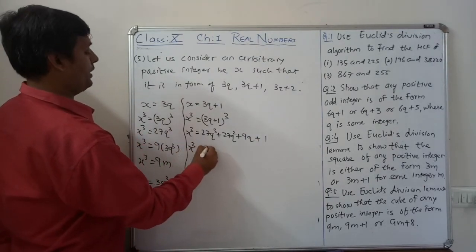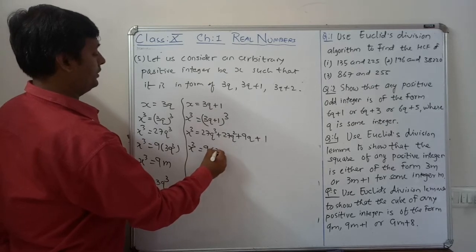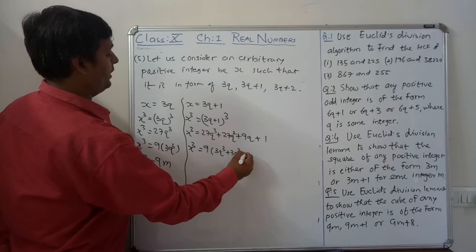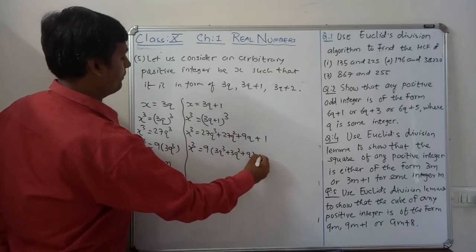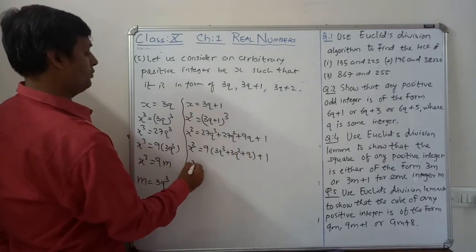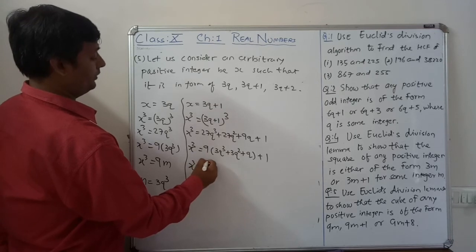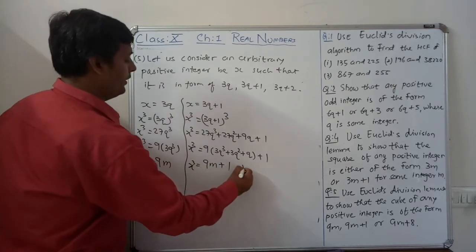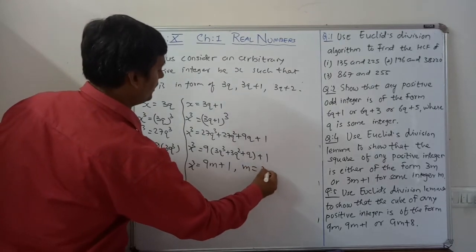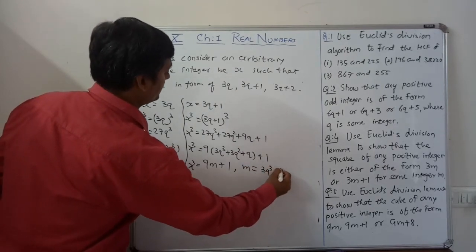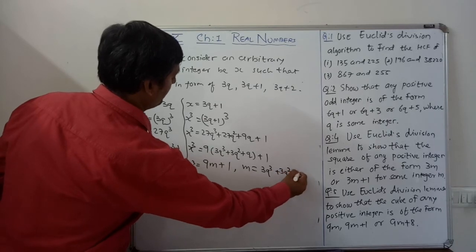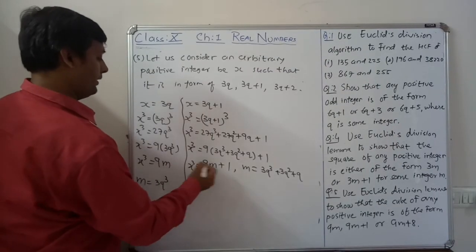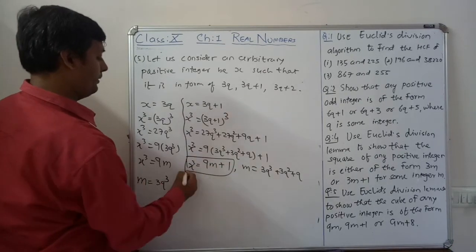Now x cube is equal to 9 is common, so 3q cube plus 3q square plus q, and plus 1. So x cube is equal to 9m plus 1, where m is equal to 3q cube plus 3q square plus q, right? q is also an integer. Similarly, another form has come, taking a number.